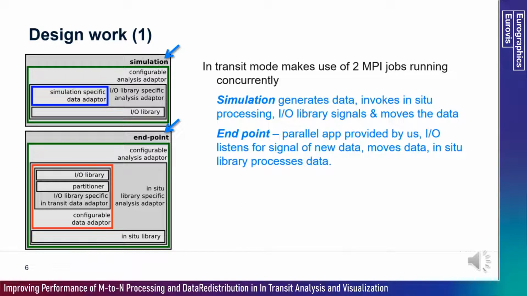The endpoint is a parallel application provided by us, which configures both an I/O library and an in-situ library. The I/O library listens for signals of new data, and upon receiving one, invokes in-situ processing. The in-situ library can fetch new data using the I/O library.